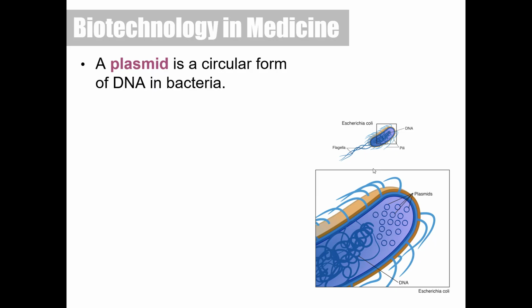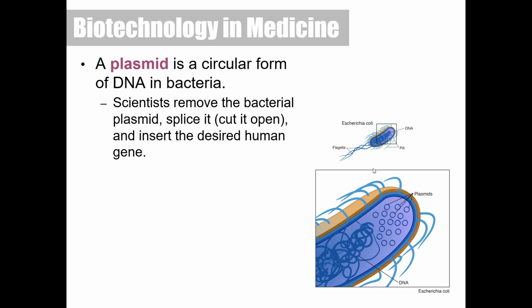We have discussed before bacterial plasmids, but remember, bacteria are prokaryotic cells, and their DNA does not live in a nucleus, but we have bacterial plasmids that contain DNA. And so scientists are able to remove the bacterial plasmids and cut it.